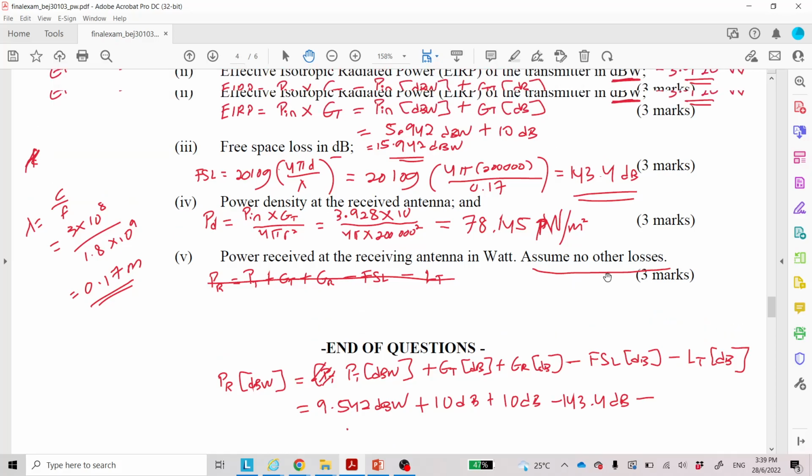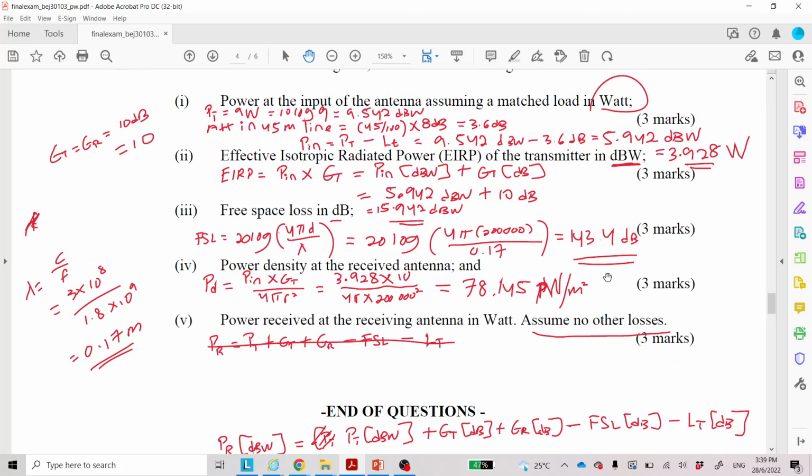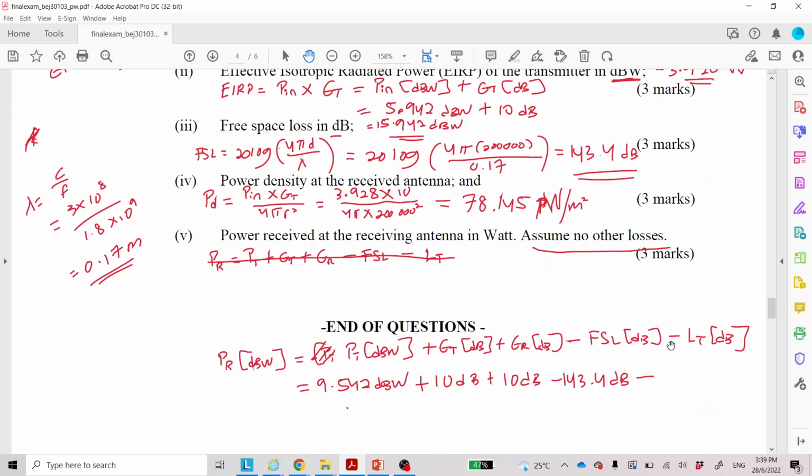So if you see above, for 45 meter of transmission line, the losses is only 3.6 dB.